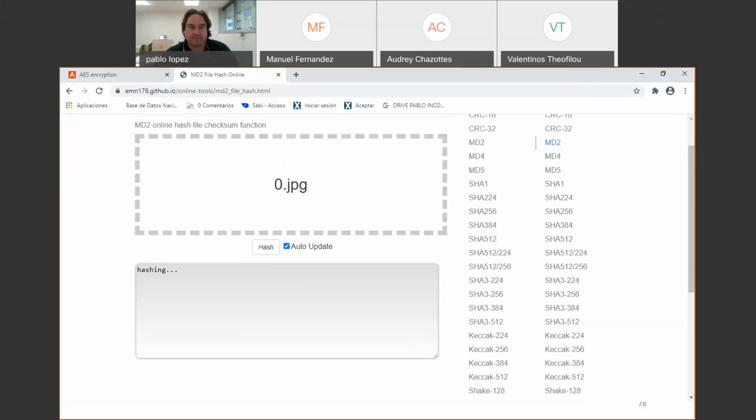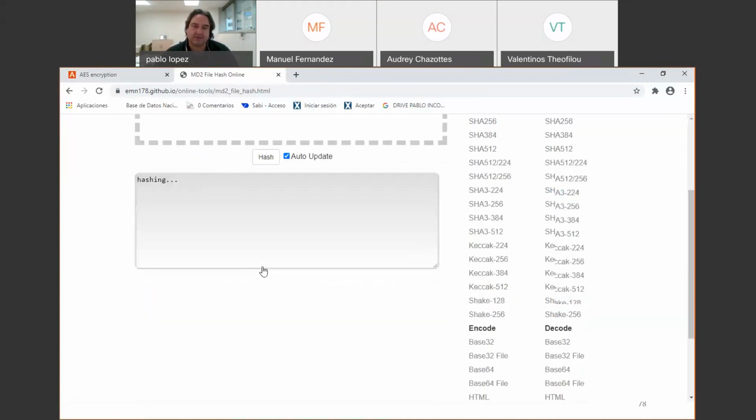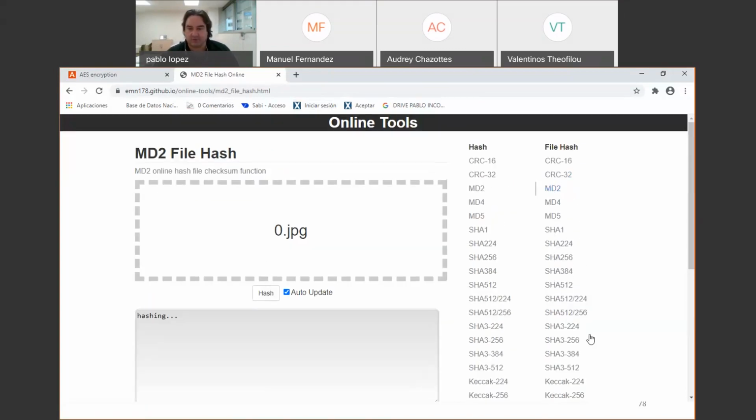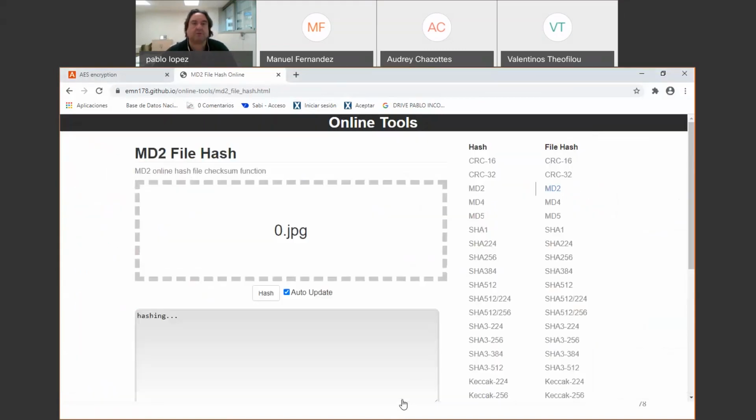So, demystifying blockchain also, because sometimes blockchain seems to be something quite complicated. It's as easy as doing it like that with, of course, the appropriate machine to calculate the hash of a document, like a picture or something like that.